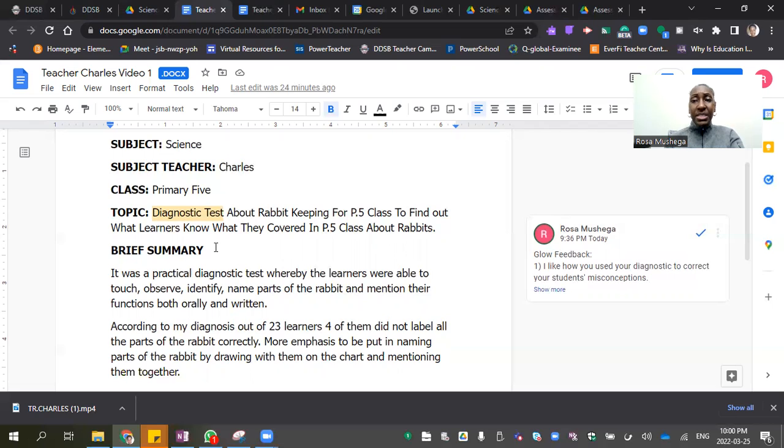A diagnostic should be something short, something simple that will drive the instruction. But this diagnostic looks like a summative evaluation.